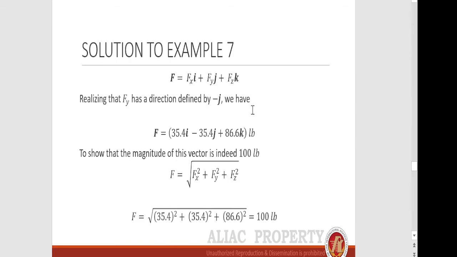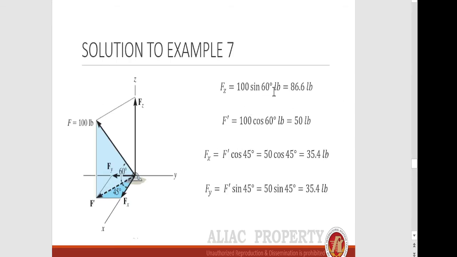So F dash is 100 cos 60, which will be 50 pounds. Fx should be F dash cos 45, that is 50 cos 45, because we already got F dash, the value 50 pounds. So the value of Fx will be 35.4 pounds.